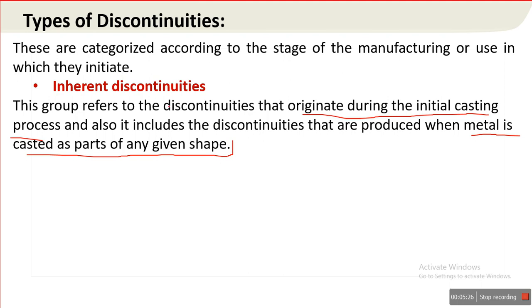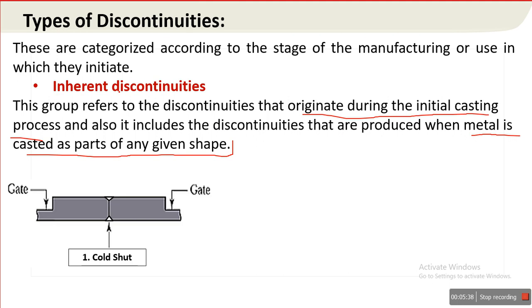Means during the initial processes of manufacturing, if any discontinuity originates inside the component, those discontinuities can be called inherent discontinuities. So these are a few examples of inherent discontinuities.